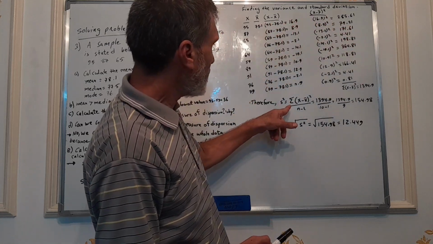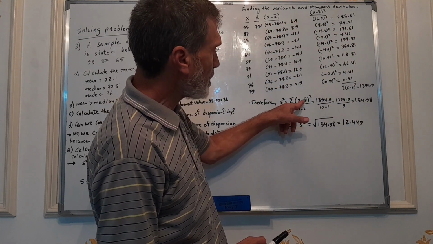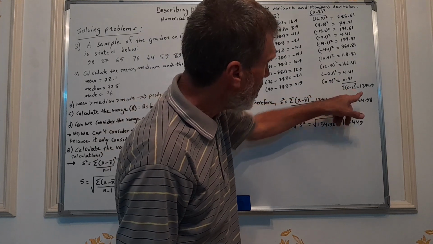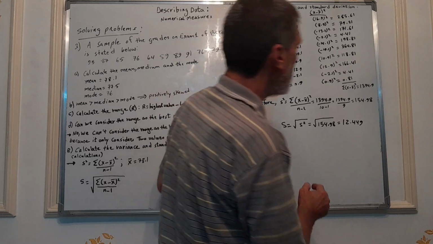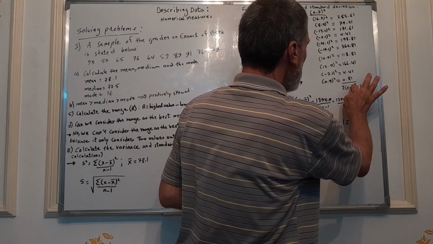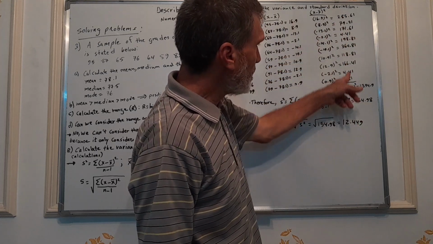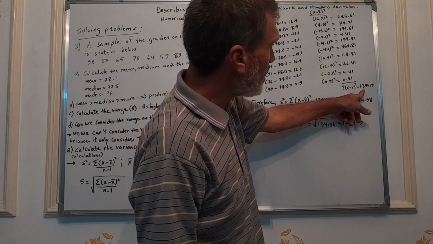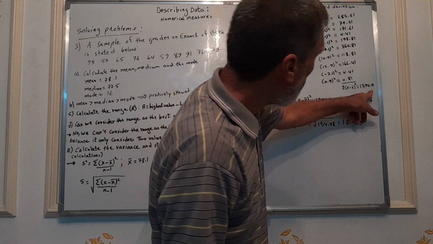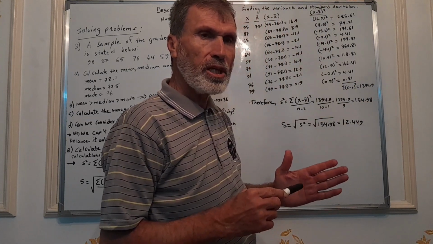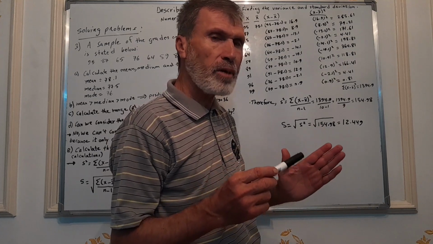Because the formula says the summation of x minus x bar squared, we just sum all those numbers and we come up with 1394.9. This is the summation of x minus x bar squared.